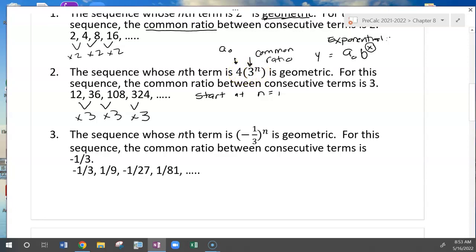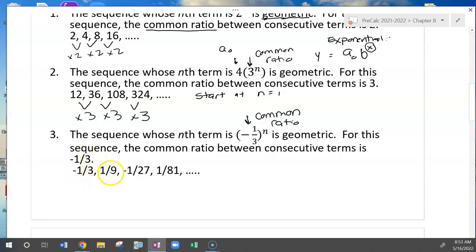All right, let's take a look at another one. This one is the sequence whose nth term is negative 1/3 to the n. So check this out. That's our common ratio, negative 1/3, which means that to get the next term, you always multiply by negative 1/3. So start with n equals 1, you get negative 1/3.